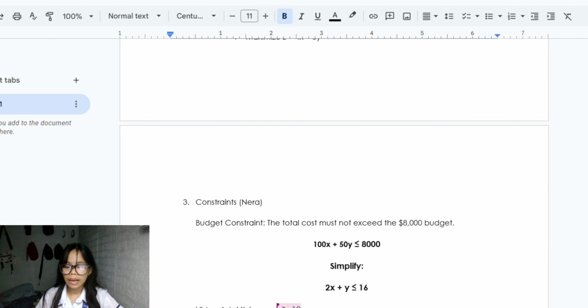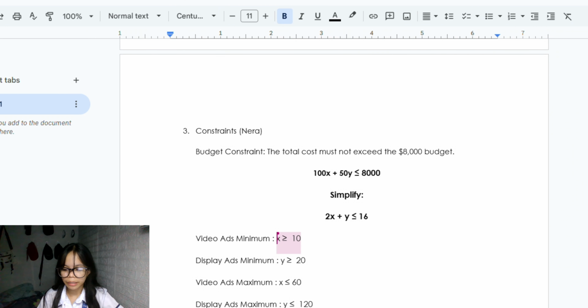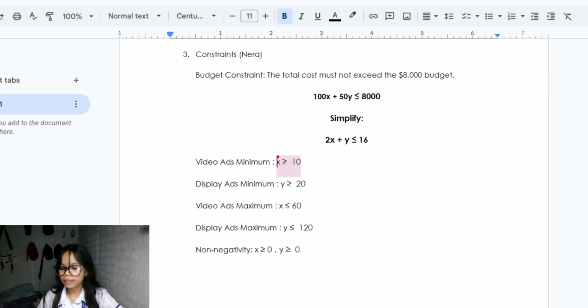So let's break down the constraints in the context of the digital marketing campaign problem. So the total spend on the video ads and display ads cannot exceed $8,000. So the mathematical representation that we have here is 100x plus 50y is less than or equal to 8,000.